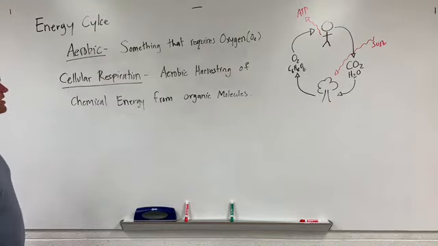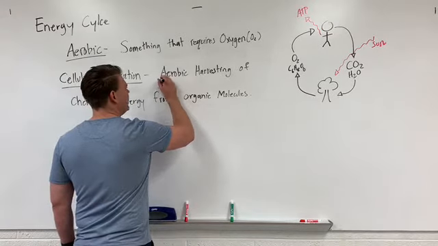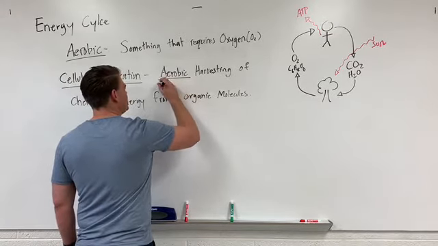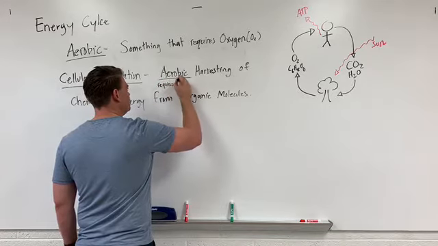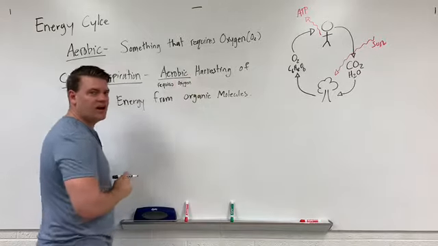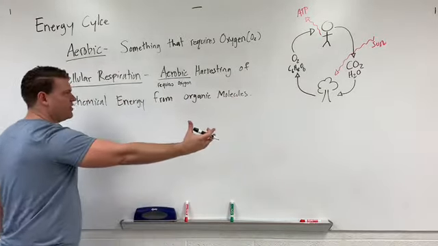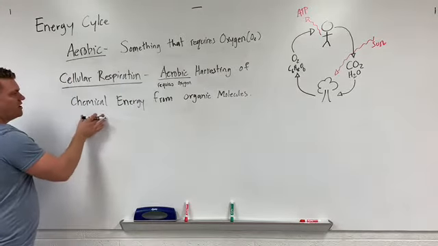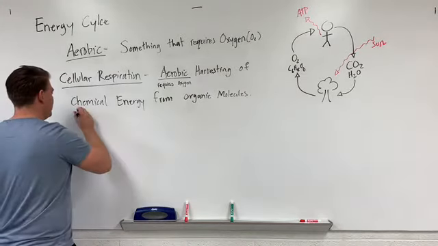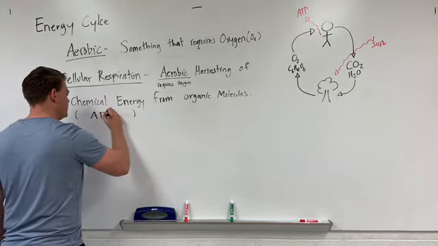Let's break this down a little bit. Aerobic here means it requires oxygen, so we know we're going to need oxygen. Harvesting means we're just gathering something, and the chemical energy is going to be our ATP.